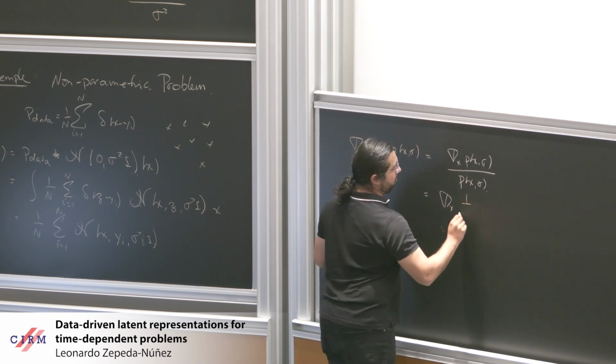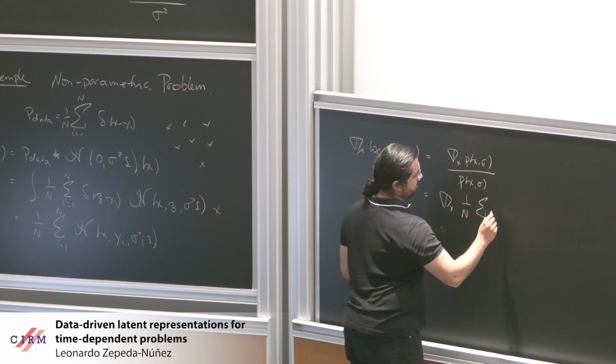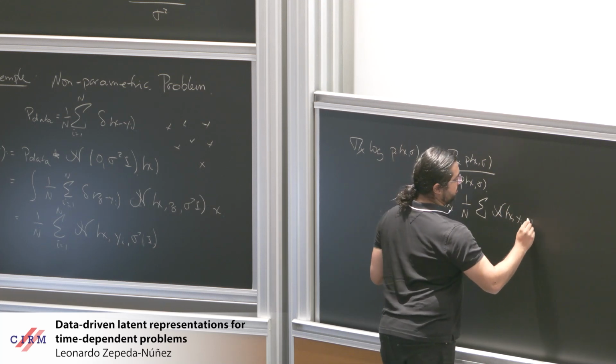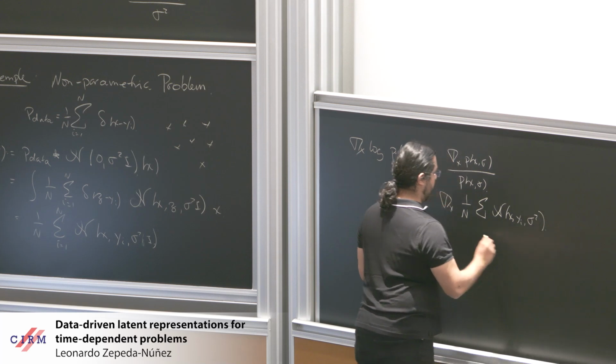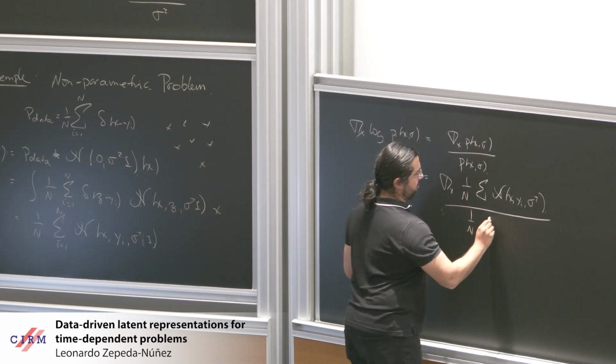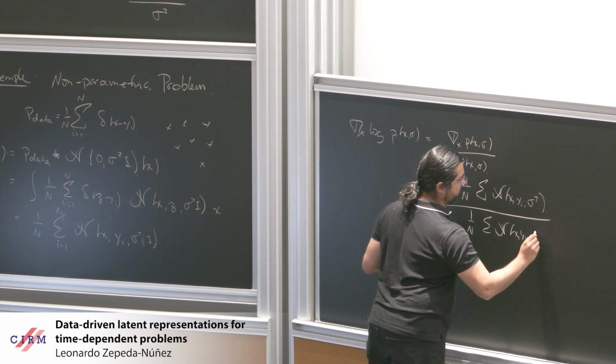So let's do 1 over n, the sum of these Gaussians N of x, comma yi, sigma square, divided by the same thing, 1 over n, the sum of N of x, yi, sigma square.